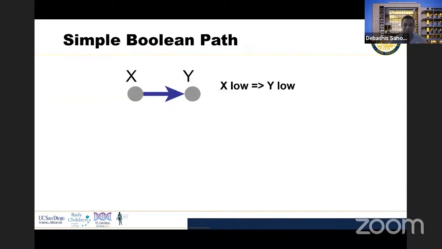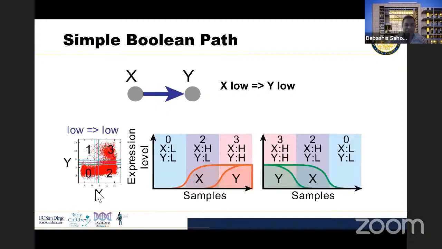We're going to come up with an inferred natural time series. So let's start with a simple path. Let's say we have two clusters, X and Y, or two genes, to simplify. And there is a relationship which is X low implies Y low, which looks like this. X low implies Y low has one sparse quadrant, which is quadrant number 1. And when you have this, you can see how we can orient the samples in a natural way. The natural order would be 0 to 3 or 3 to 0.